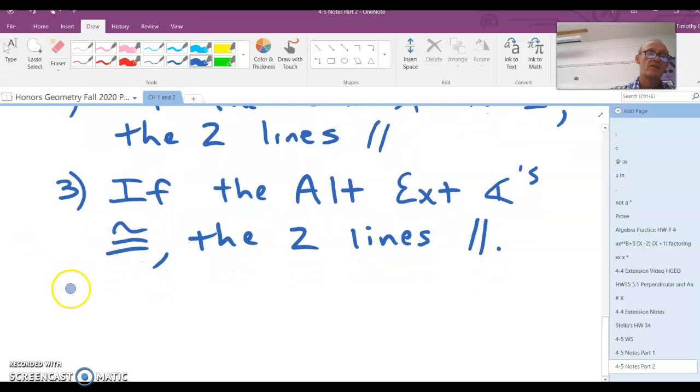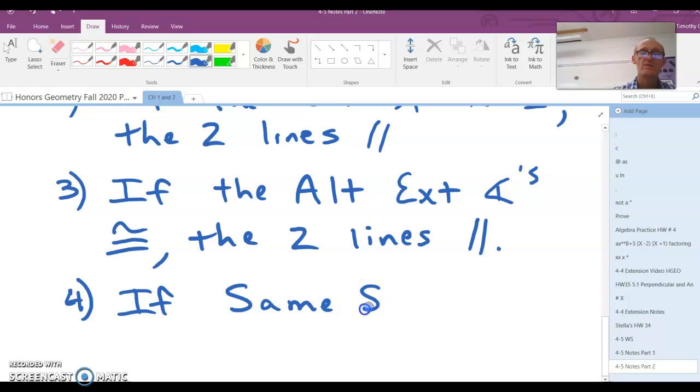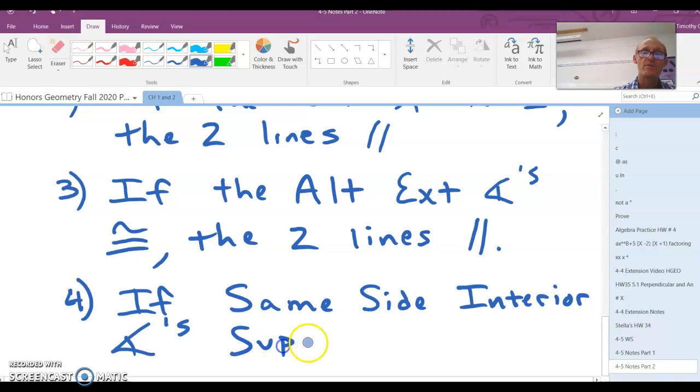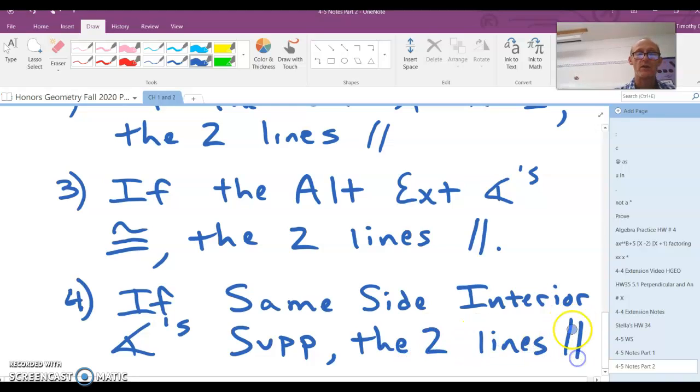And the 4th and 5th ones are about supplementary angles. If same side interior angles are supplementary, the 2 lines are parallel.